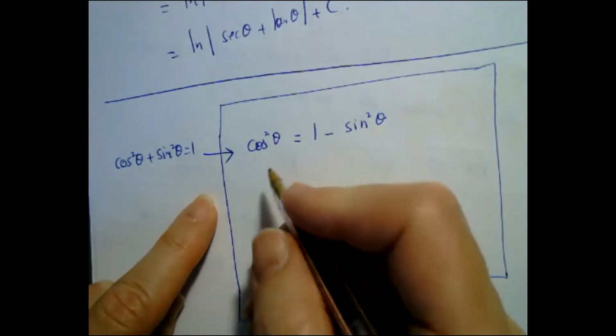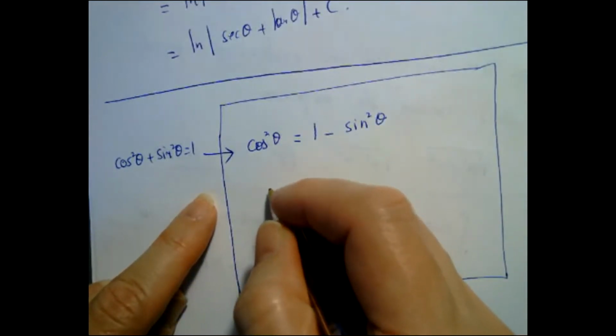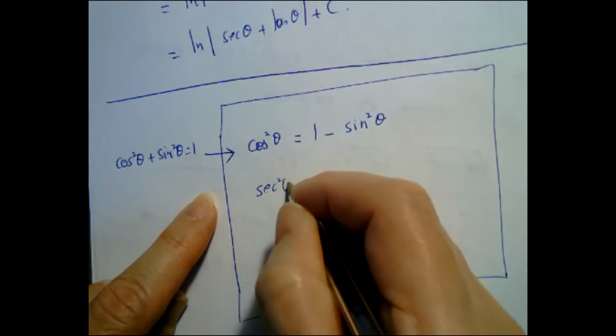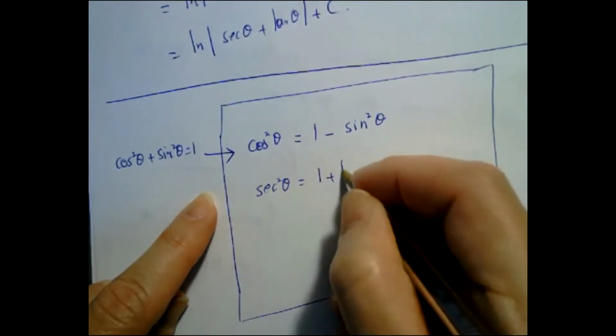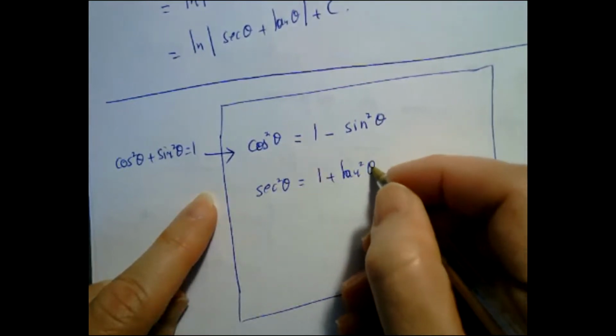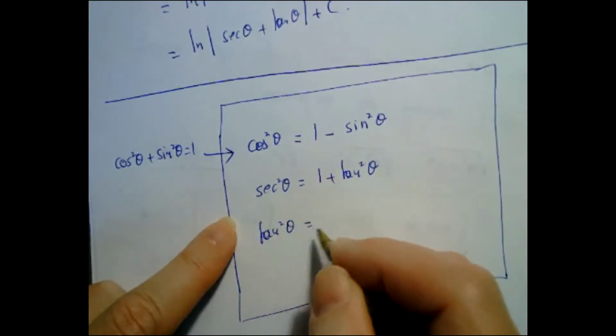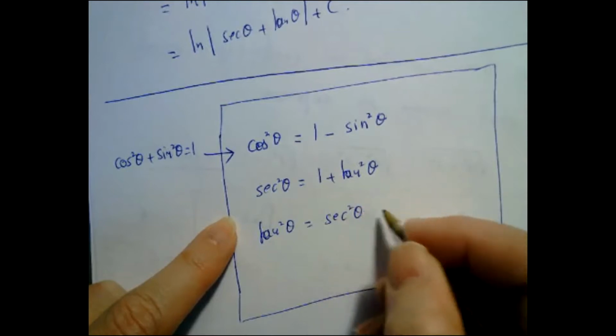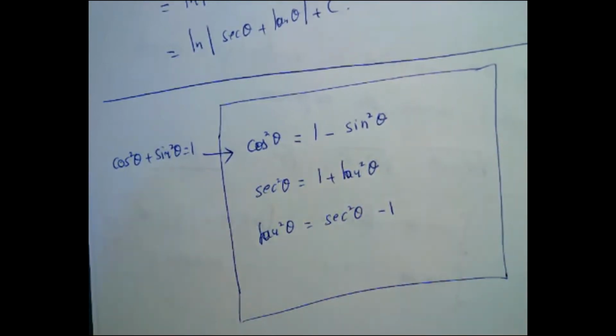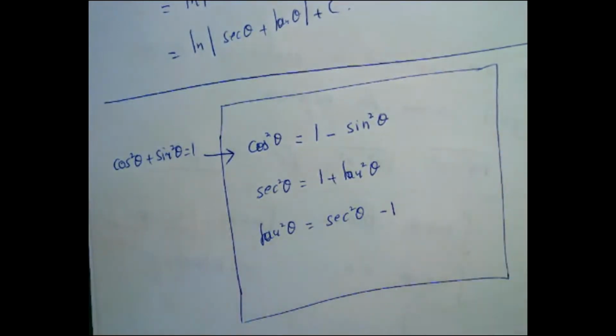And then there is another identity, which is secant square theta is 1 plus tangent square theta, and you will see in a second why I'm going to need those. And then tangent square theta is secant square theta minus 1. And every time I'm going to bring back those identities, because that will be the guideline for what you're going to be doing.